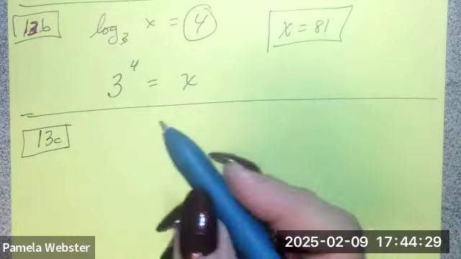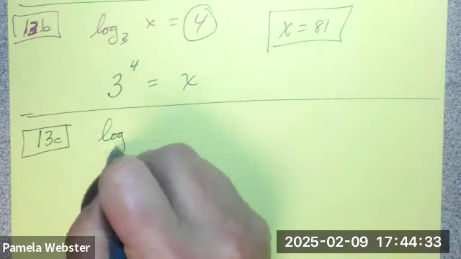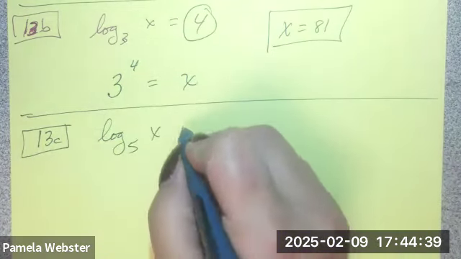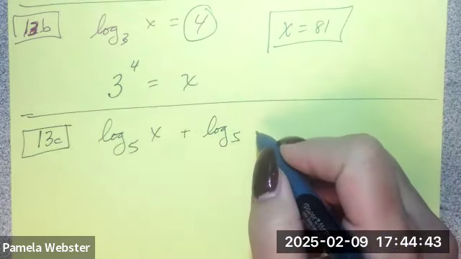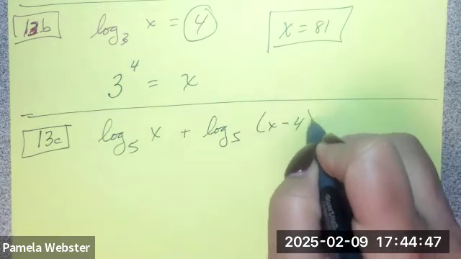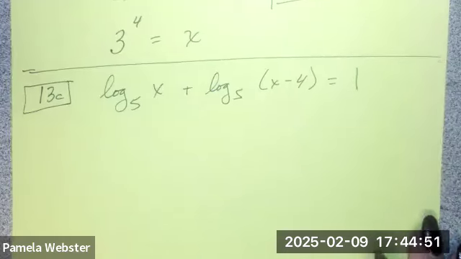Okay, solve for x, and they just give me, I think that's a 5. Log base 5 of x plus log base 5 of x minus 4 equals 1. All right.